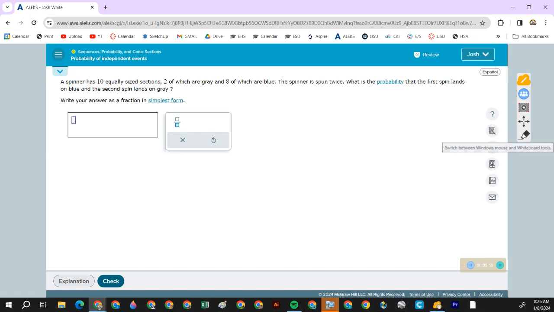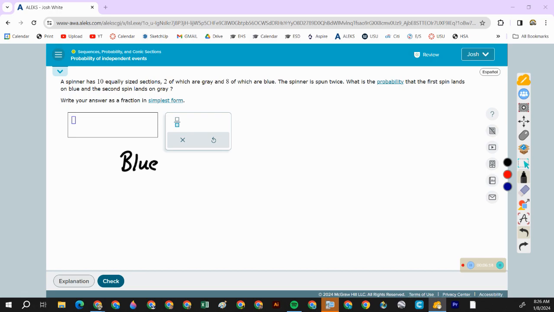A spinner has 10 equally sized sections. 2 are gray, 8 are blue. The spinner is spun twice. What is the probability that the first spin lands on blue and the second spin lands on gray? So we want blue and then we want gray.